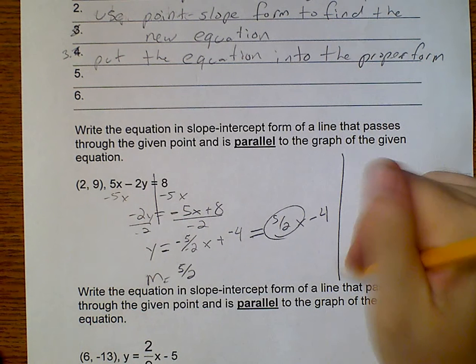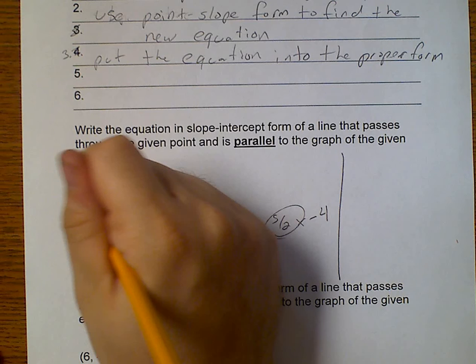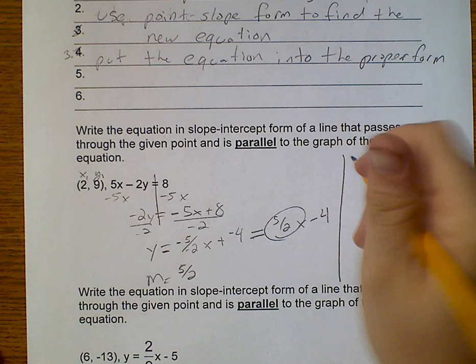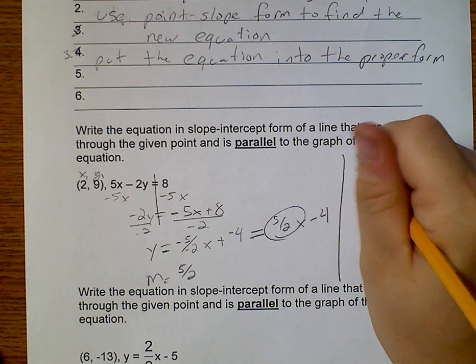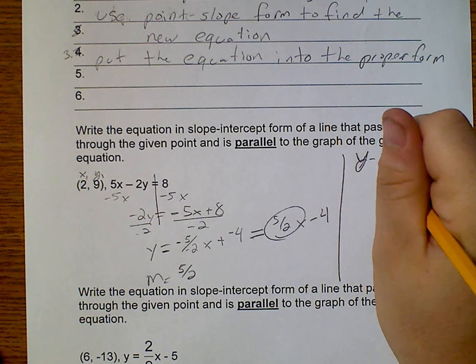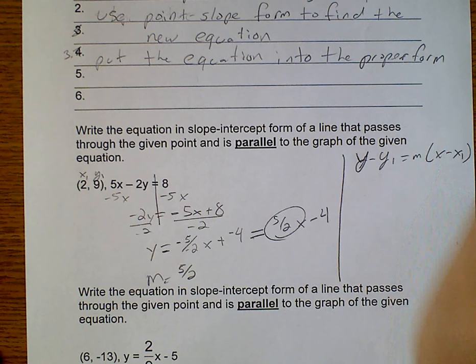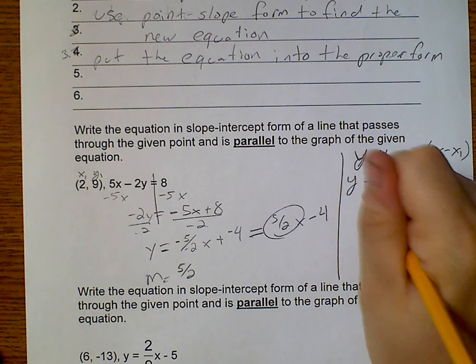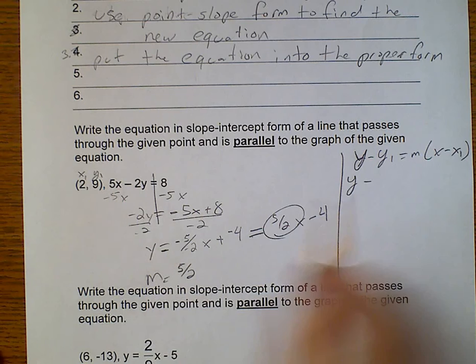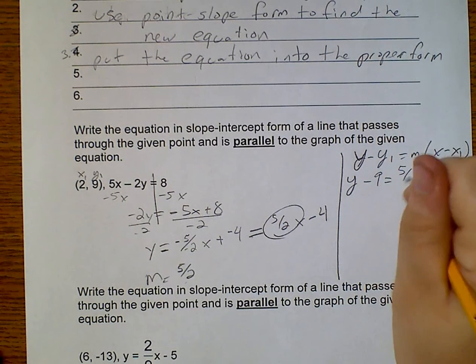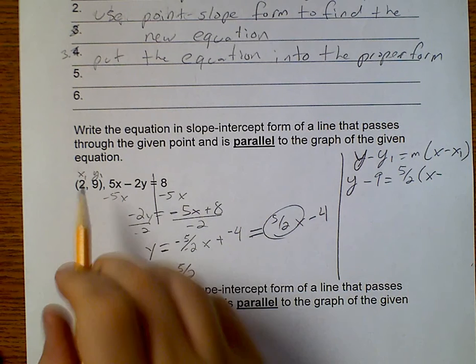So now, this is x1, y1, and I want to use y minus y1 equals m times x minus x1. So y minus 9 equals m, which is 5 over 2, times x minus, my x1 is 2.